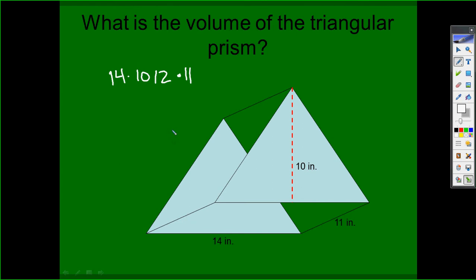That would be my thickness of this prism, or height of this prism. 14 times 10 divided by 2 is 70, and then 70 times 11 would be 770. So my volume here would be 770 cubic inches. I found the area of my triangle and multiplied it by the height of my prism, or how many layers thick that triangle would be.